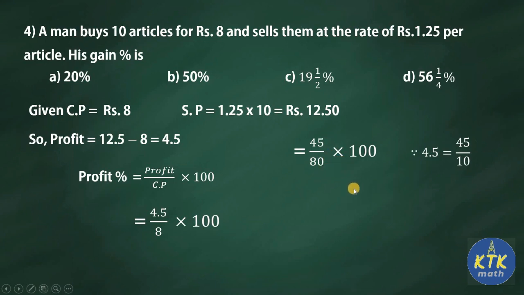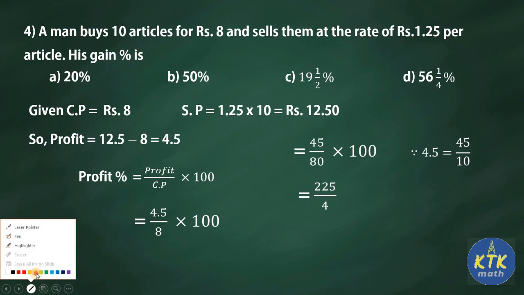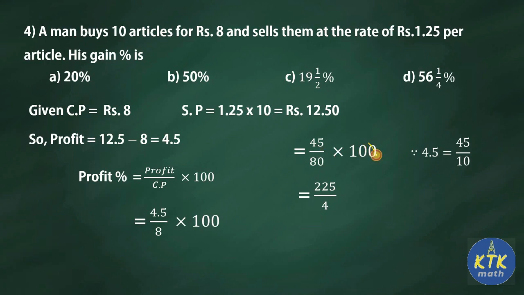You can cancel the numbers. After cancellation you will get 225 by 4. I will do the cancellation now. The cancellation can be done like this. The 0 and 0 you can cancel, and 10 and 8 you can cancel in the 2 table. So what you will get now is 5 times and 4 times. So 45 into 5 gives 225.